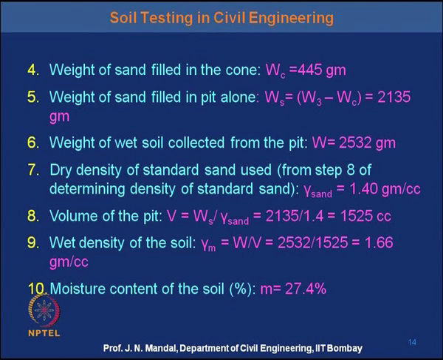So, the volume of the pit, that is V, is equal to Ws by gamma sand, which is 2135 divided by 1.4, equal to 1525 cc. The weight density of the soil, gamma m, is equal to weight divided by volume, W by V, which is 2532 divided by 1525, equal to 1.66 gram per cc. So, the moisture content of the soil, M, is 27.4 percent.